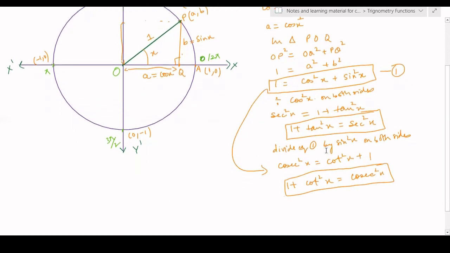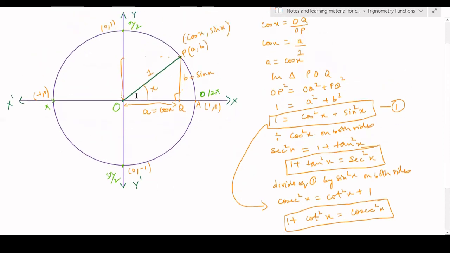Let's study more here. Now coming back to these points A, B, C, D, let's call this point B, this as C, and this as D. Since we have cos x and sin x as the general coordinate on this circle, let's see the specific values at 0 radians, pi by 2, pi, 3 pi by 2, and 2 pi radians.